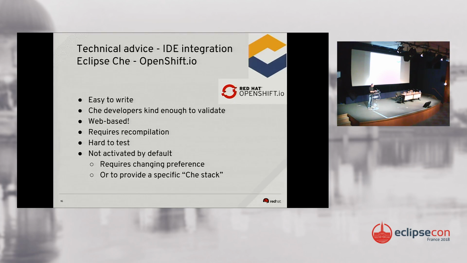So for now, it's really nice, at least for a demo, and to convince product managers and for the vision for the future of the Che stack, but don't expect a lot of users using your language server in Eclipse Che at first.